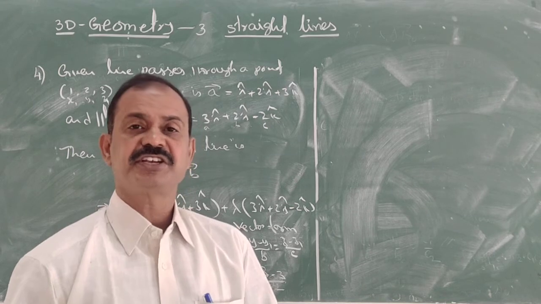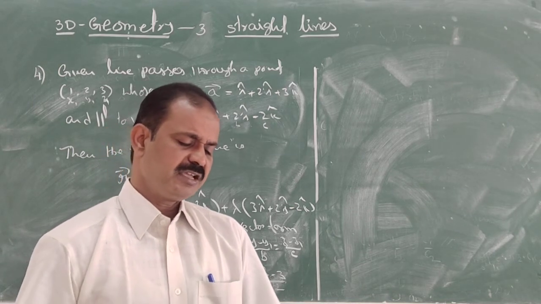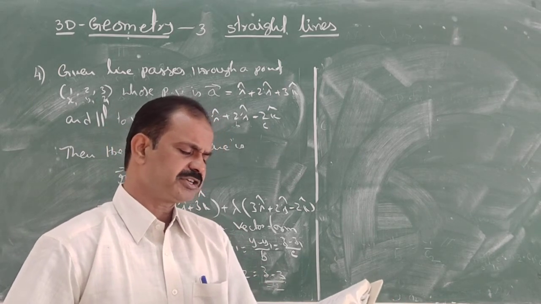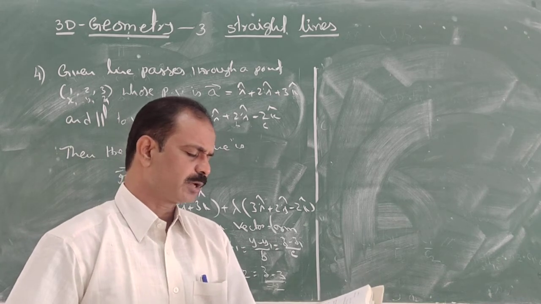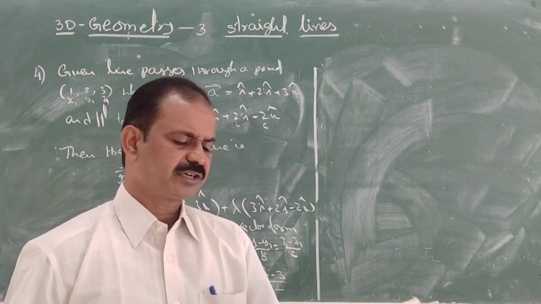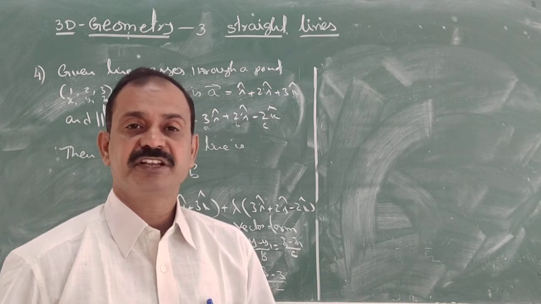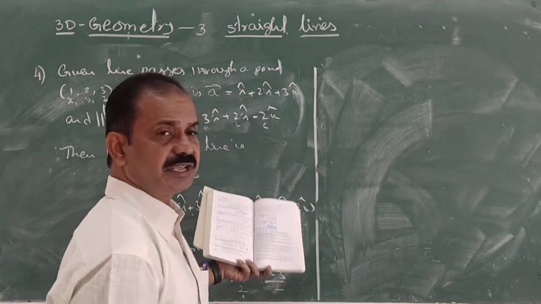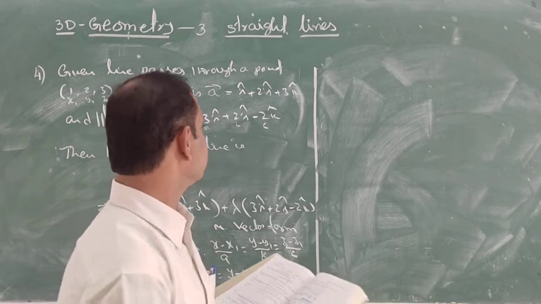Find the equation of the line in vector and Cartesian form that passes through the point with the given position vector and is in the given direction. Same problem, there is no change at all.